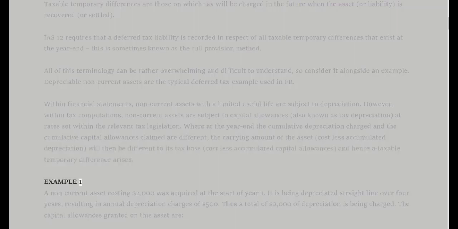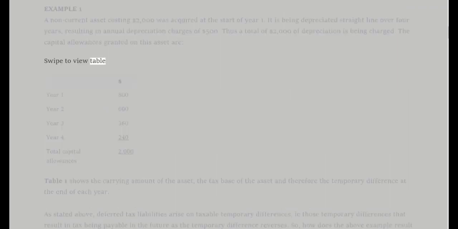Example 1. A non-current asset costing $2,000 was acquired at the start of year 1. It is being depreciated straight line over 4 years, resulting in annual depreciation charges of $500. Thus a total of $2,000 of depreciation is being charged. The capital allowances granted on this asset are: Year 1, $800.